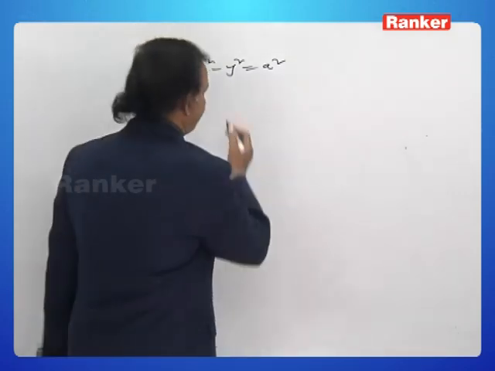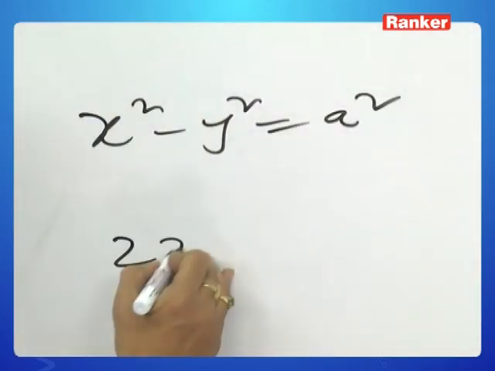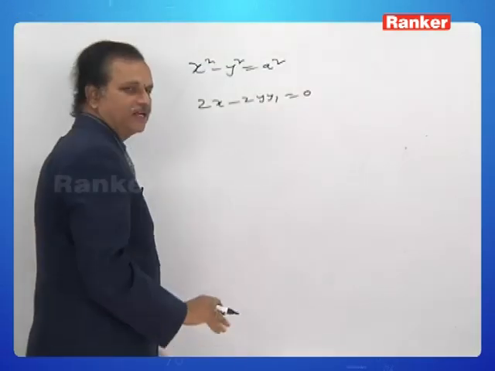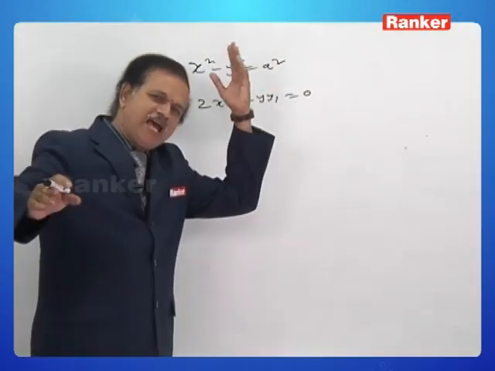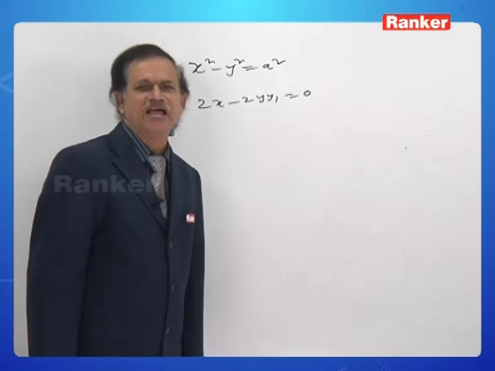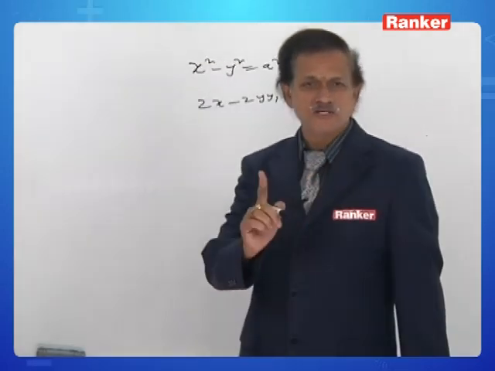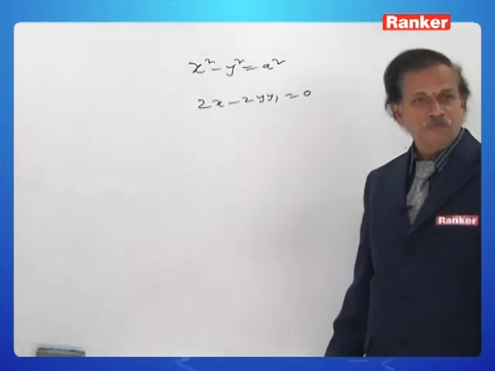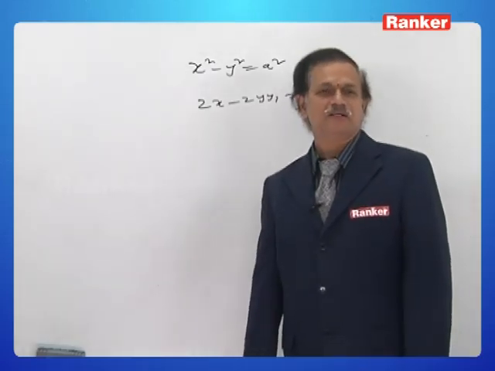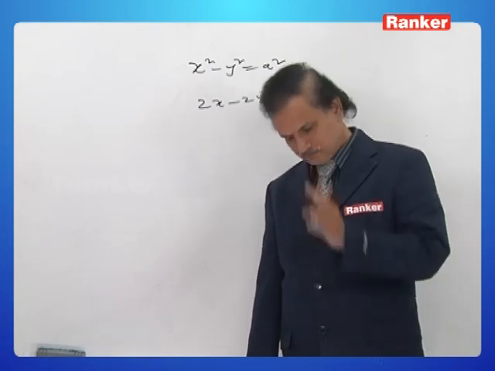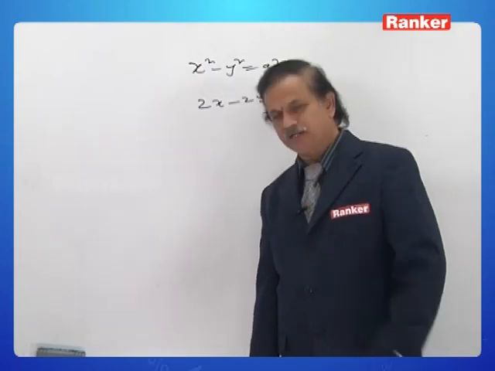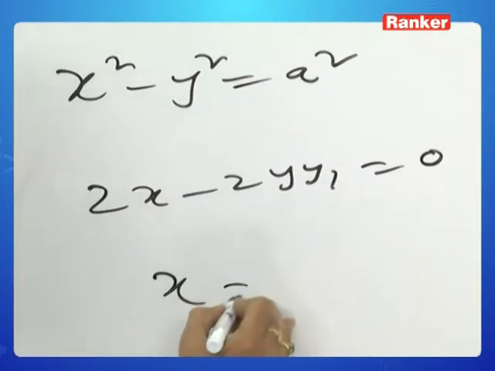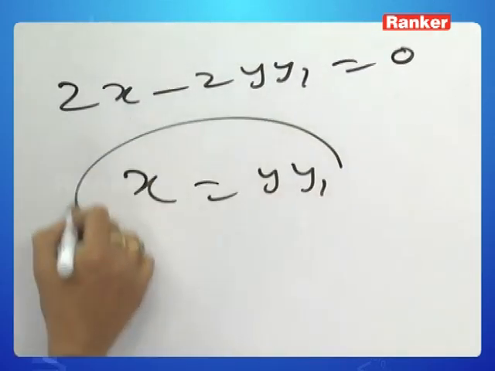So differentiate it: 2x minus 2y y1 is equal to 0. Enough! The constant a has been eliminated. We should feel happy. We could have eliminated it by differentiating just one time. Therefore, the answer is x is equal to y y1 is the equation.